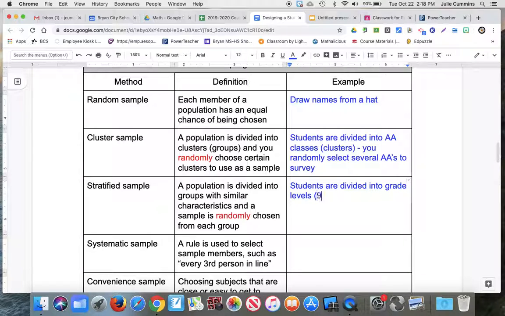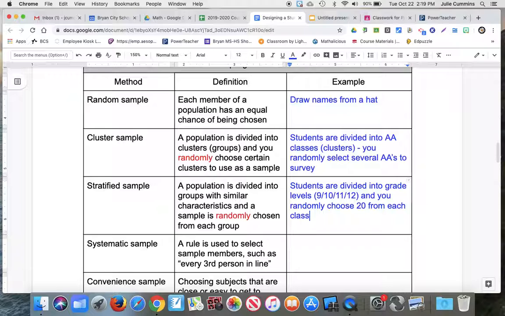So we have 9th, 10th, 11th, and 12th grade. And you randomly choose 20 from each class. Maybe something that you're studying, you want to make sure you get an equal number of freshmen, sophomores, juniors, and seniors to respond to you. So you might set up a stratified sample.